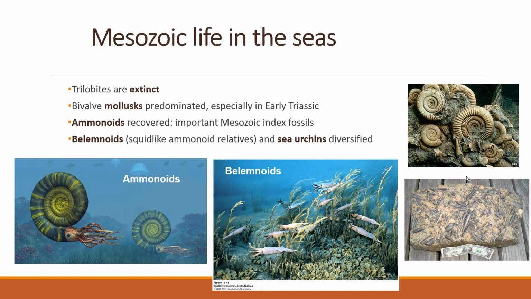The ammonoids recovered, so they didn't completely go extinct at the end of the Permian. They are going to become important, what are called index fossils, which I will talk about next week. Belemnoids, which are a relative of the ammonoid that are squid-like, and sea urchins will start to diversify. So we see these fossil records showing massive colonies of these creatures in the sea.